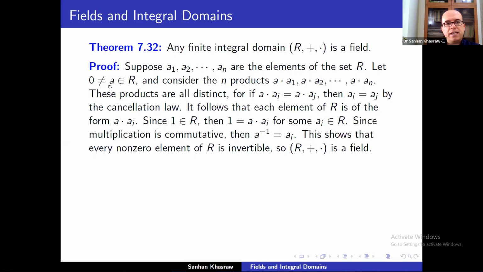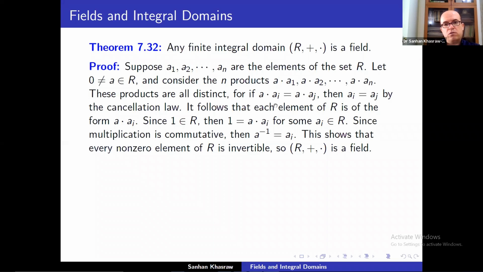So let's take A, a non-zero element in R. I multiply A to every element in R, to A1, A2 until AN. So I will get n products, A times A1, A times A2 until A times AN. These products are all distinct.